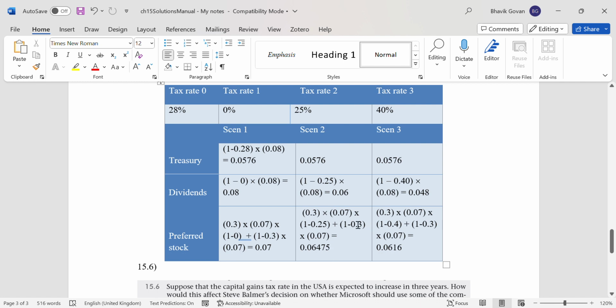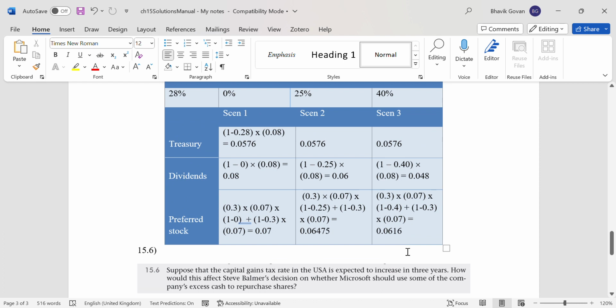Add those two together and we'll get 0.06475. And then for the third tax rate, it'll be your 30% times 7% times 1 minus 40%. So that's the amount which is taxed, plus the 1 minus 30% times 7%, that's the amount that isn't taxed. Add it together and that's how you get this figure here.